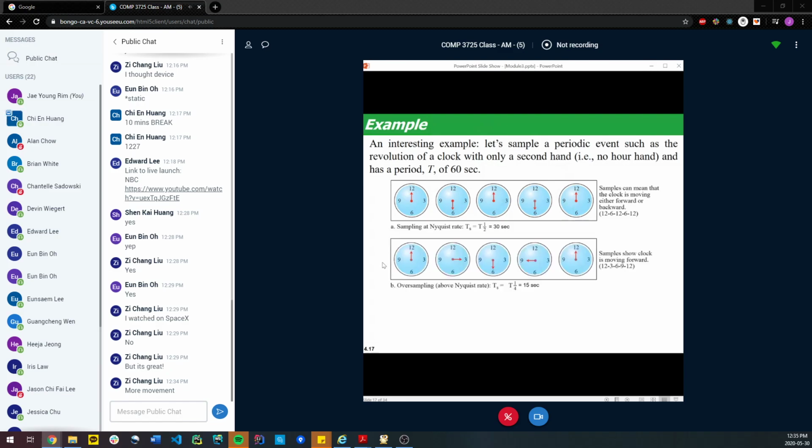But if I oversample, I'm going to gain a little bit more information because now I'm going to capture them at twice Nyquist, which means I'm doing it every 15 seconds. Now, if I open and close my eyes every 15 seconds and I see this, then I see that the clock's actually moving forward. But what if I undersample? Say I do it once every 45 seconds. What do you think happens? It looks as if it was moving backward.